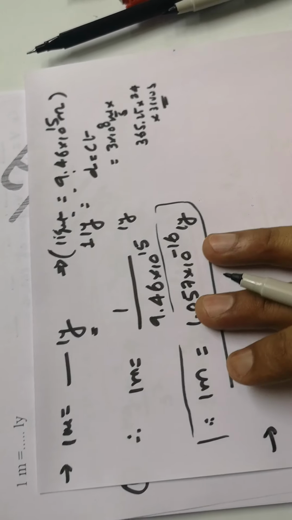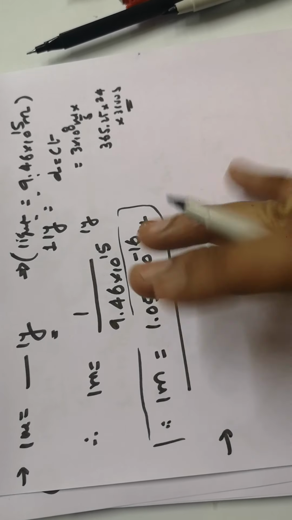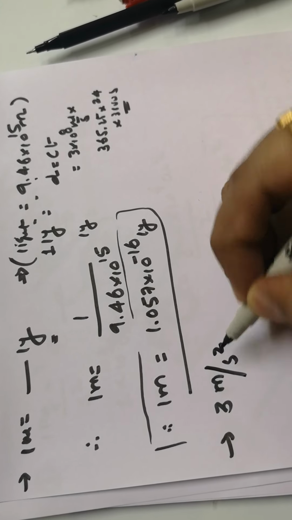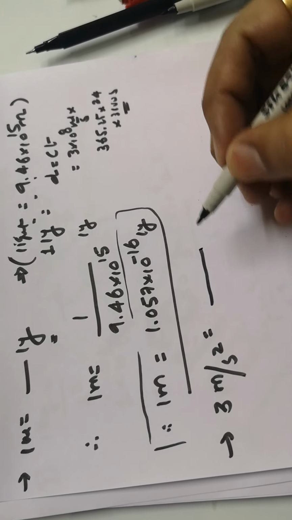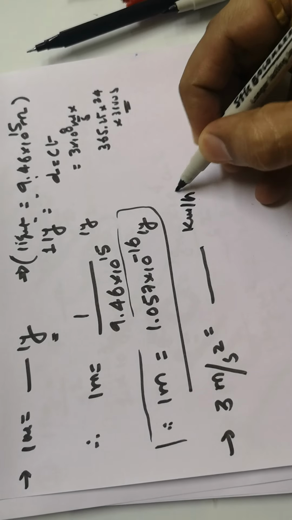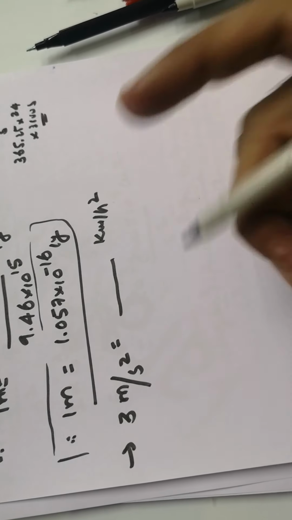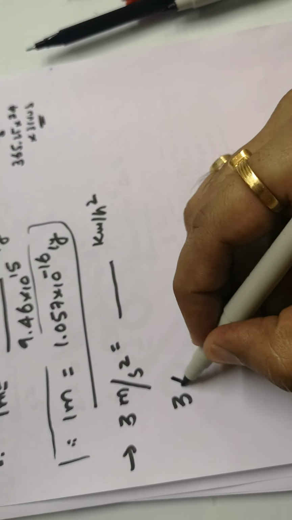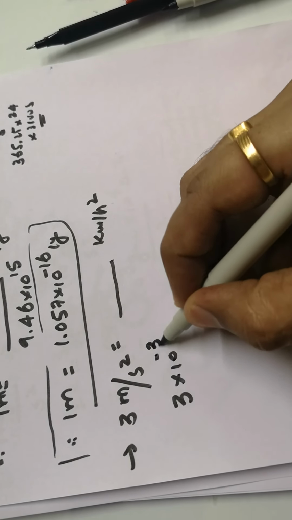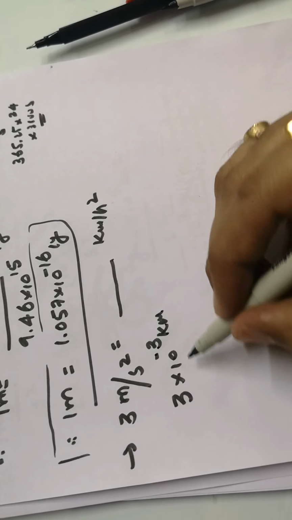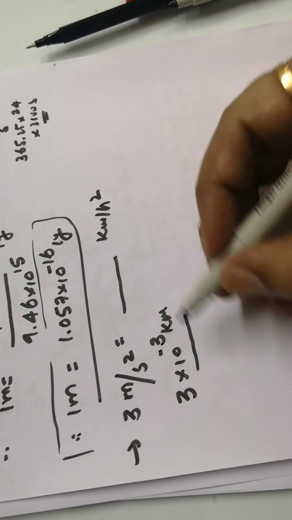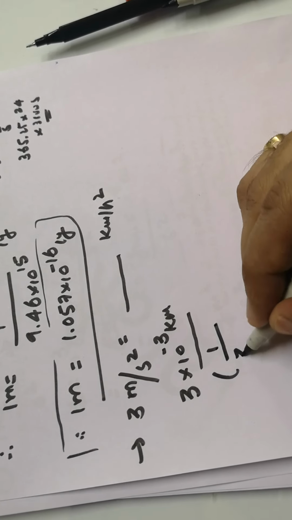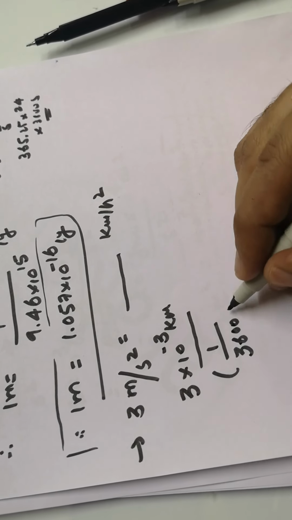The third one is given as 3 meter per second square, and I want to convert it in terms of kilometer per hour square. You are aware that I am converting a smaller unit to a larger unit. So meter is converted to 10 to the power minus 3 kilometers, and second is converted to hour, so 1 upon 3600.